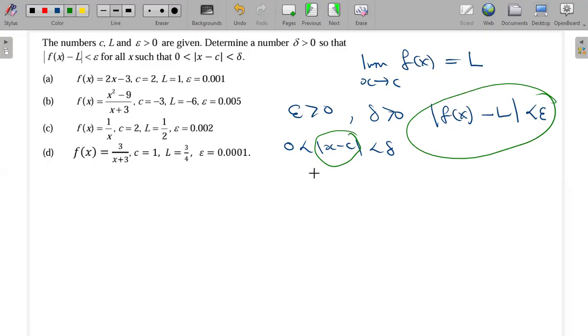Mind you, what this means is that x minus c is between 0 and delta. So delta just has to be a positive value, but it has to be small. Right, so let's apply that now.